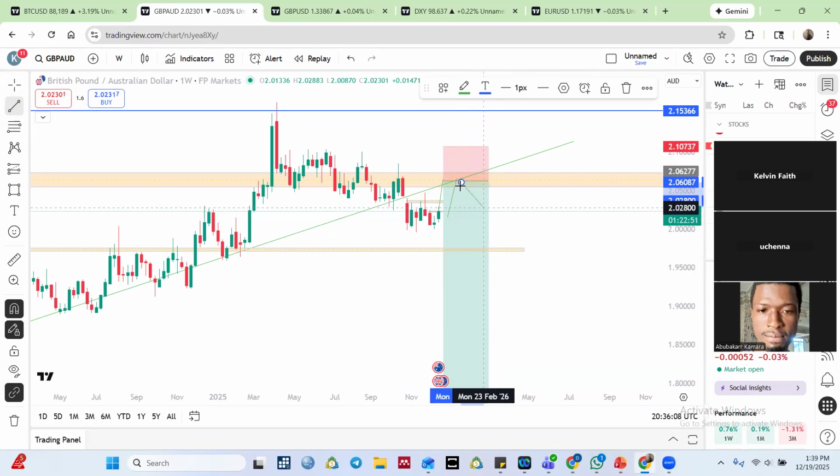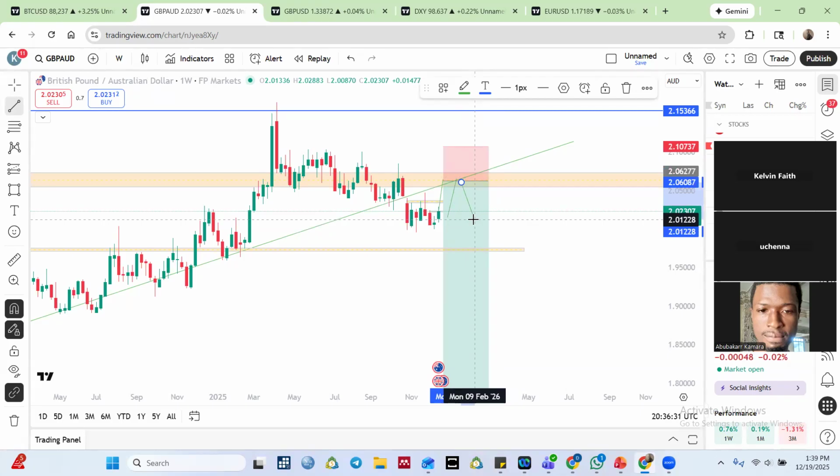If price is to get to this level next year, 2026, we should be looking for evening star and head and shoulder patterns on the 4 hour, 1 hour, 30 minutes or daily time frame, lower time frame. Do you understand my point?